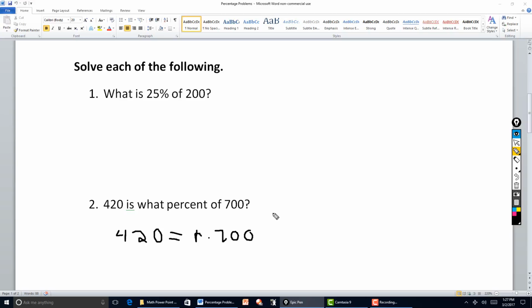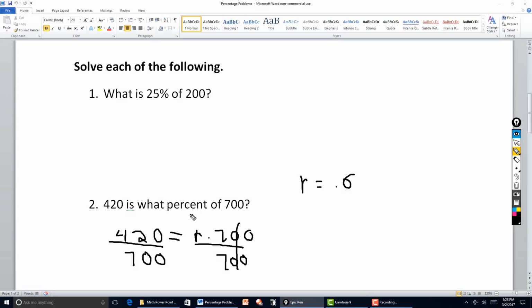So now we want to find R. This is your basic equation. To solve for R, I divide both sides by the coefficient of R, which is 700. If I divide this side by 700, these are going to cancel. And over here, this will be 700. So 420 divided by 700, use your calculator, and that should come out to 0.6.